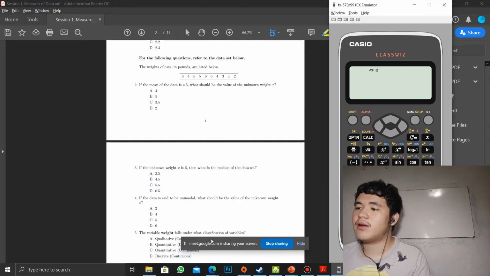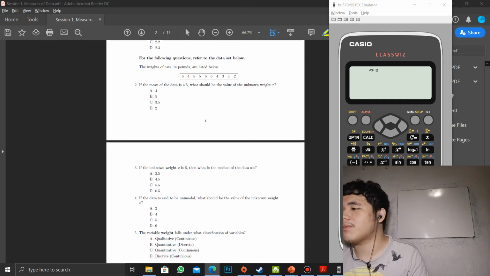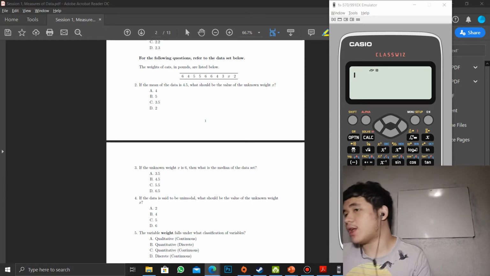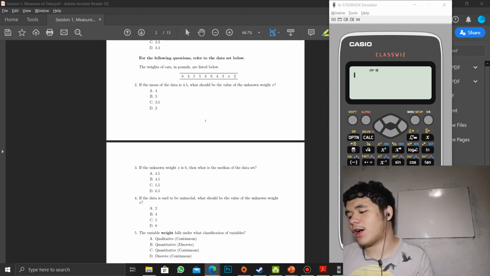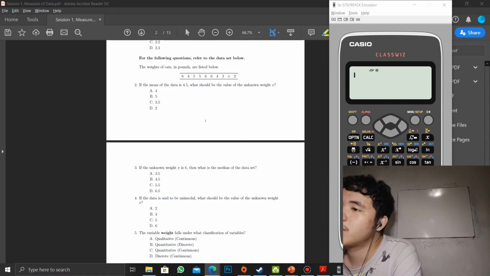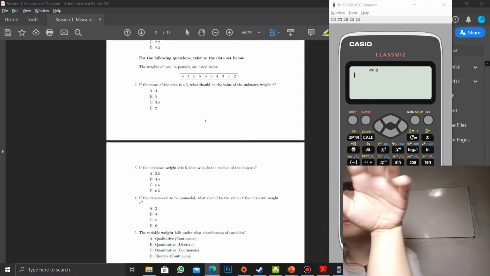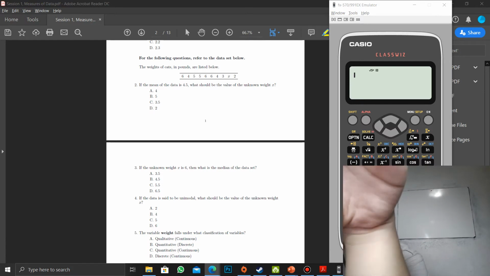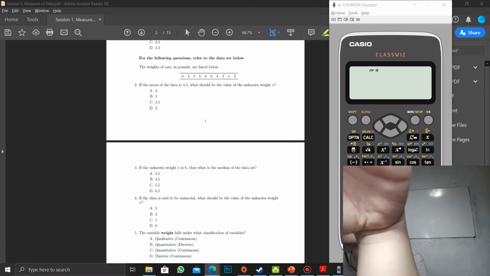Okay, as sinasabi ko nga, important yung time pressure kasi pag nasa exam kayo, expected na gantong karaming oras lang yung ibibigay sa inyo. Sige, let's go. 5 minutes. Pag may tanong kayo, go lang. PM nyo lang din ako.